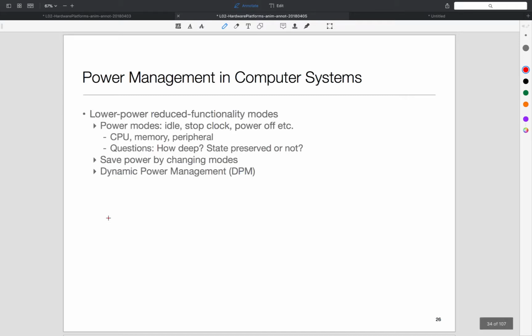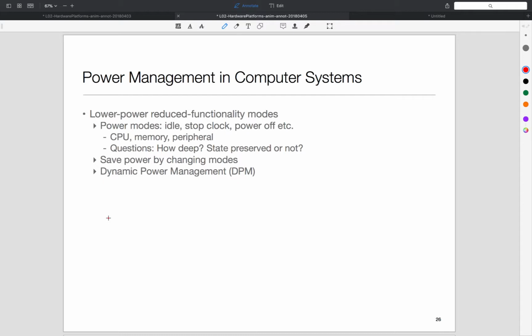One very common thing you'll find is that processors, and also other peripherals, often have multiple modes, and those modes correspond to a different balance between functionality and power. A lower power mode with lower functionality, a higher power mode with higher functionality.